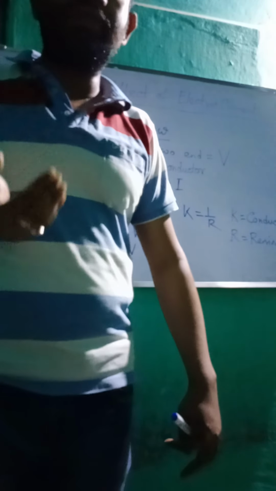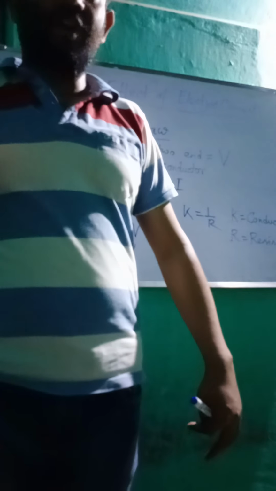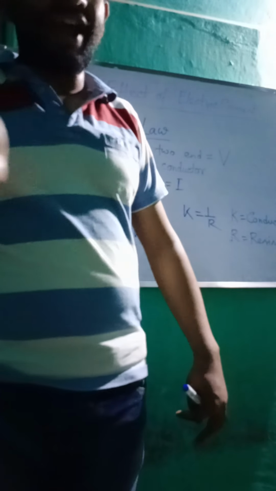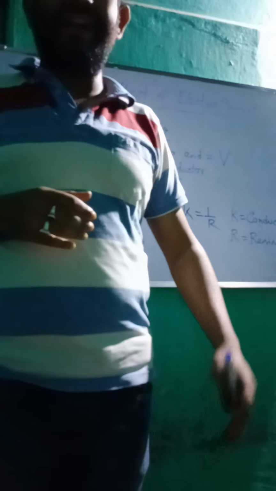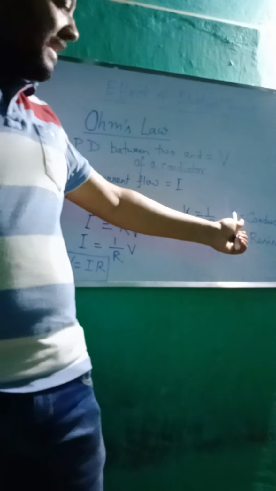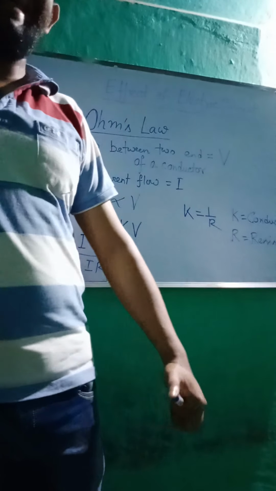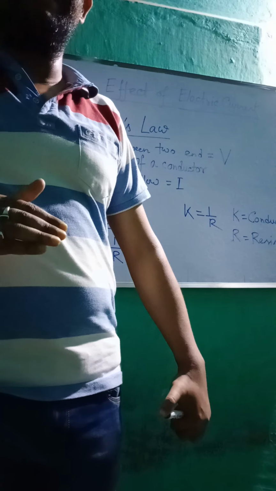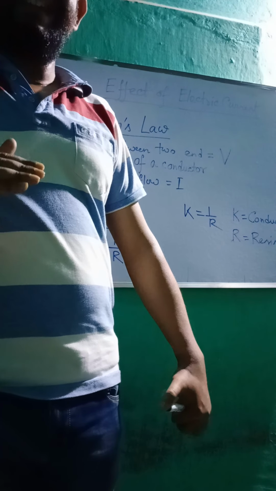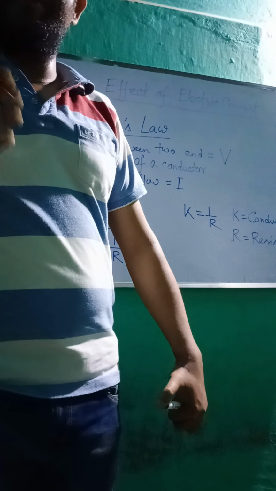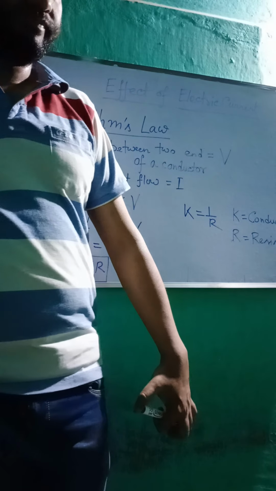So for K, conductance, current is allowed to flow. For resistance, current is opposed to flow, the opposite. That's why the relation between K and R is K is equal to 1 by R. If K is increased, R will be decreased. If R is increased, K will be decreased, opposite.